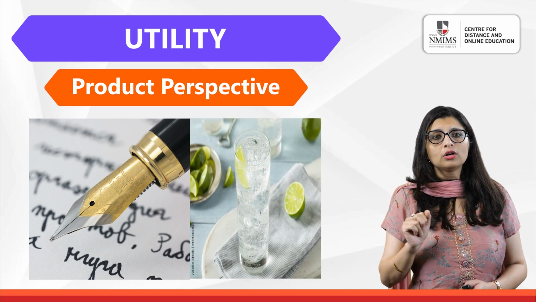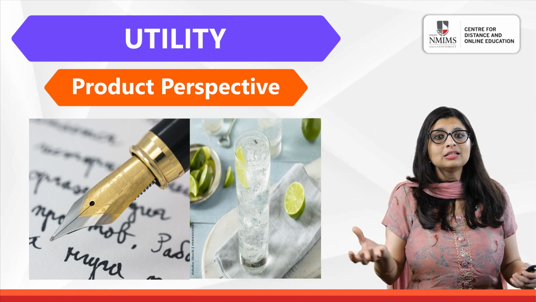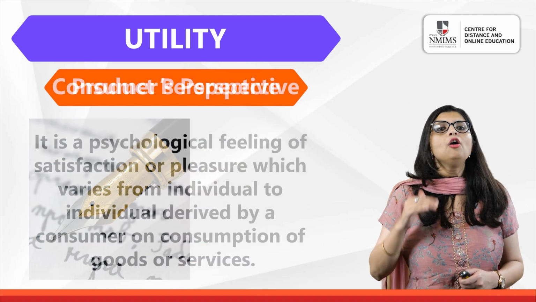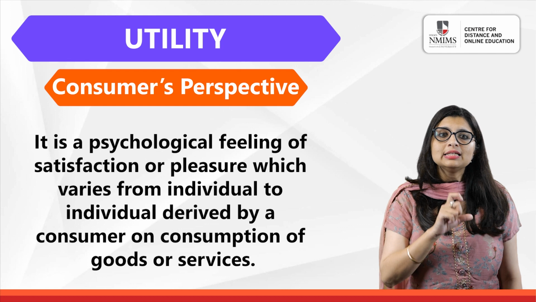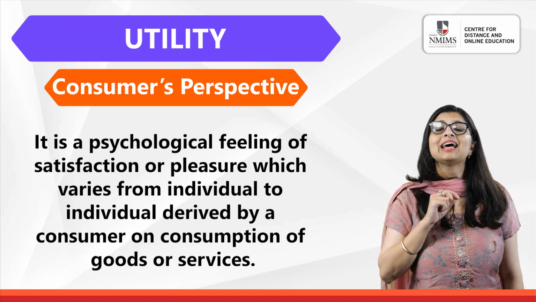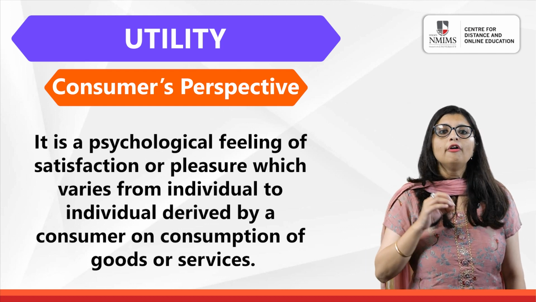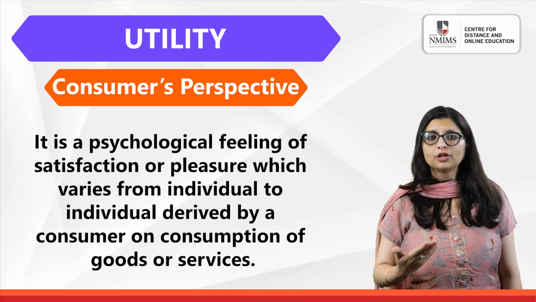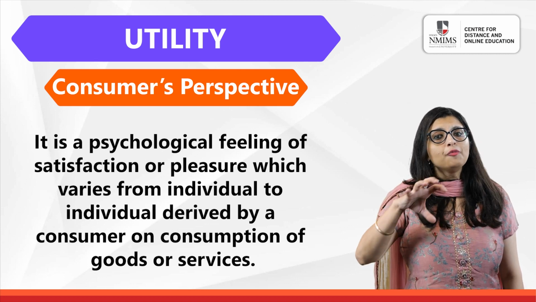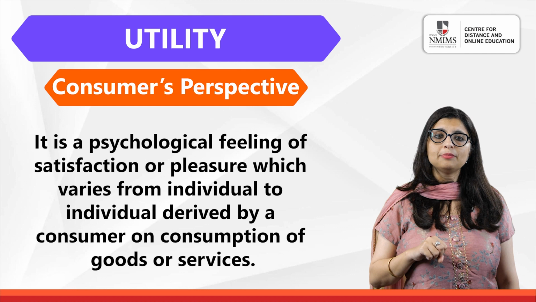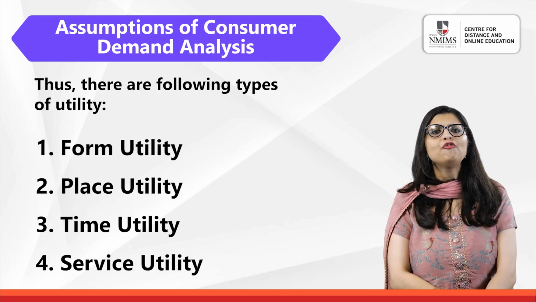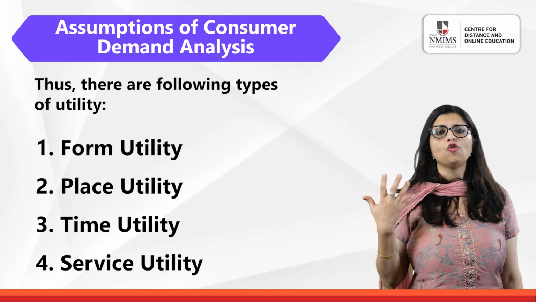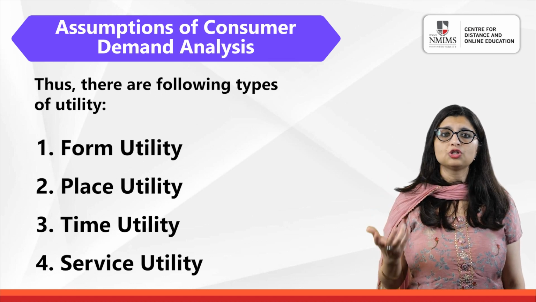A glass of water, a glass of juice has its own utility. While if you see from the consumer point of view, it is a psychological feeling of satisfaction or pleasure which varies from individual to individual, derived by a consumer on consumption of goods or services. Thus, there are the following types of utility, that is form utility, time utility and so on.